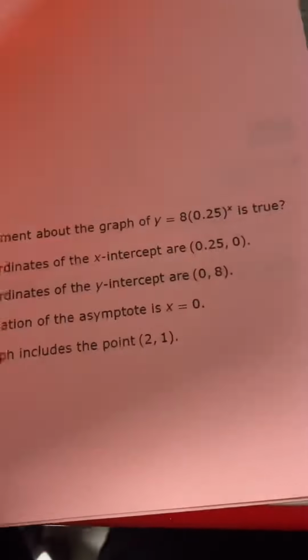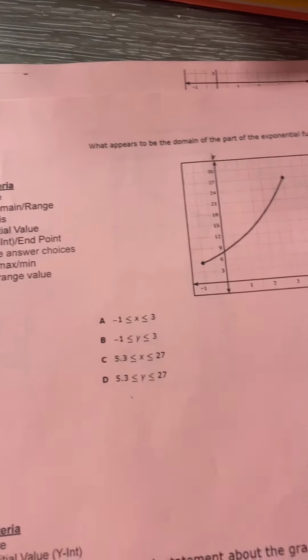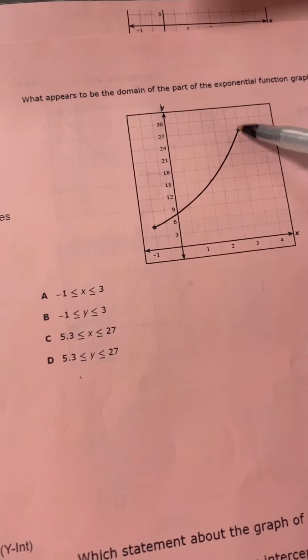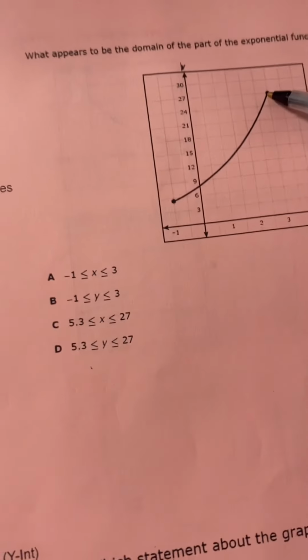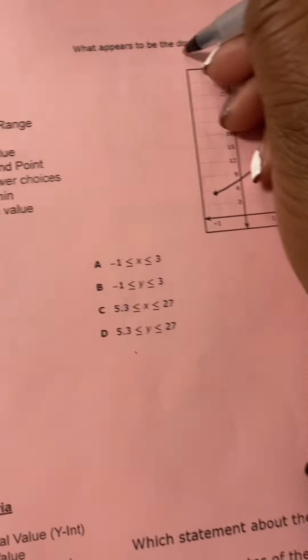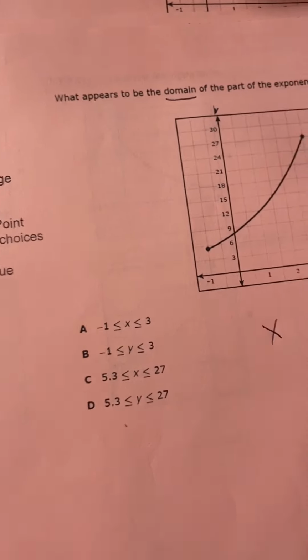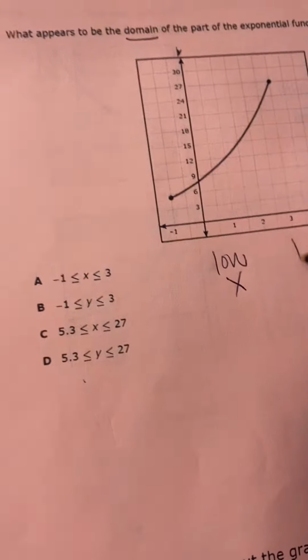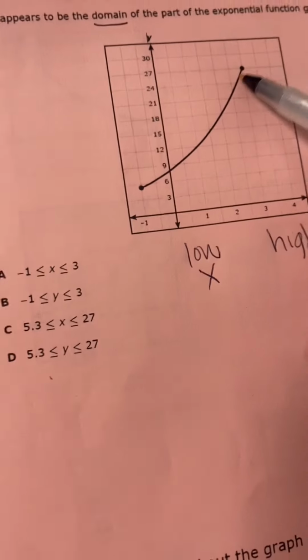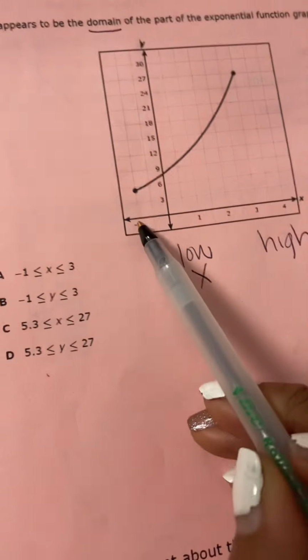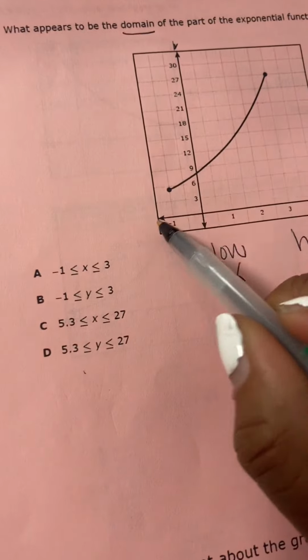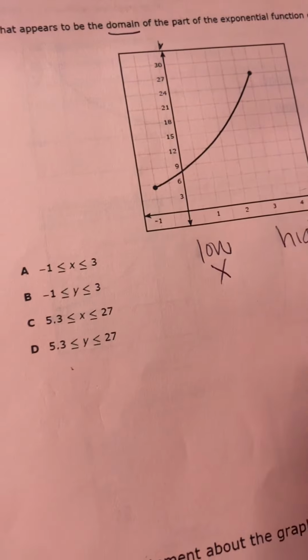Now, it might ask for a domain, for example. Right here, what is a domain? Now here we see 2 points, meaning this curve does stop. So domain is x or y? It's x. So what is your lowest and your highest x? You're looking at the x-axis, right?